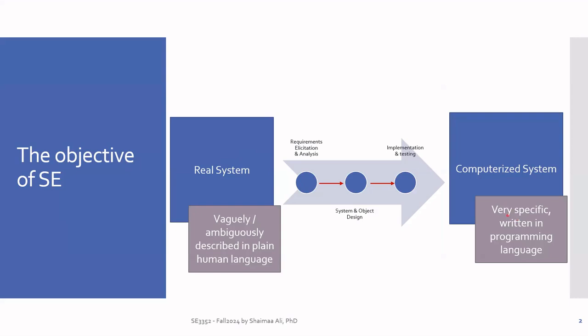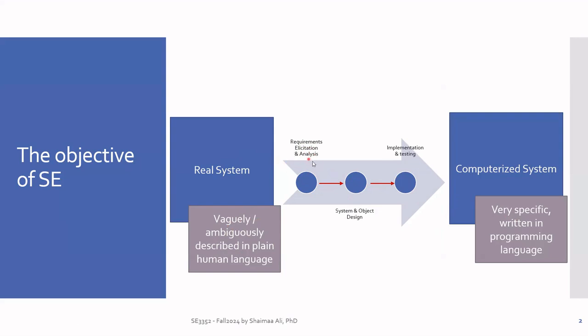So in order to make sure that we are choosing the correct meaning out of all the possible meanings of the descriptions, we need to go through multiple stages of adding more and more specificity as we go. Last week we talked about the requirement elicitation, which is the first stage.